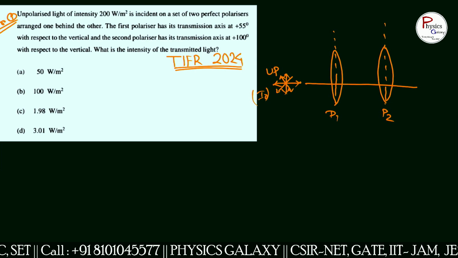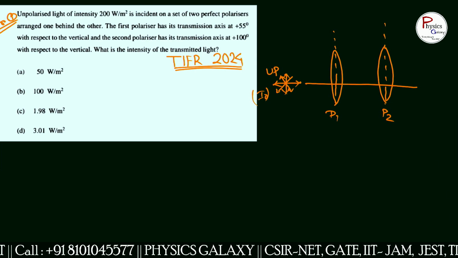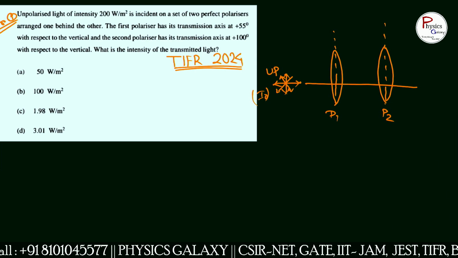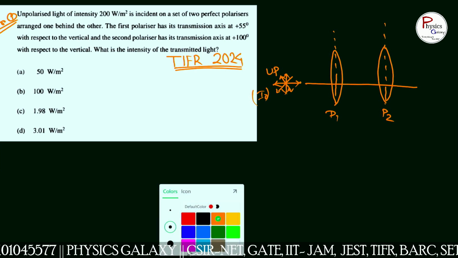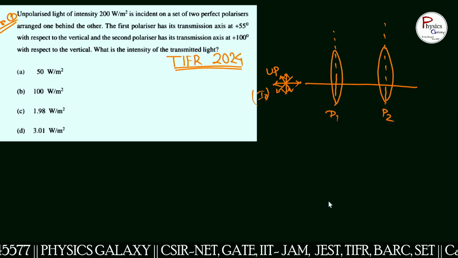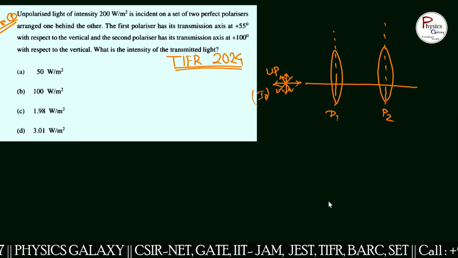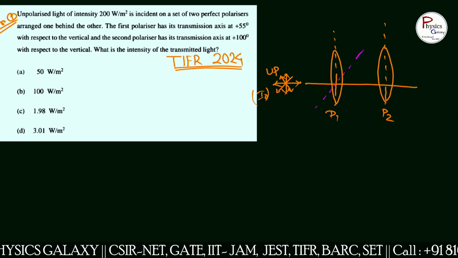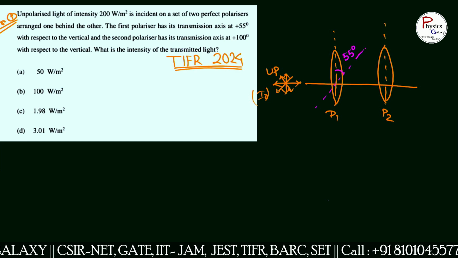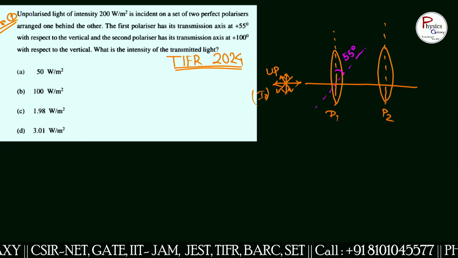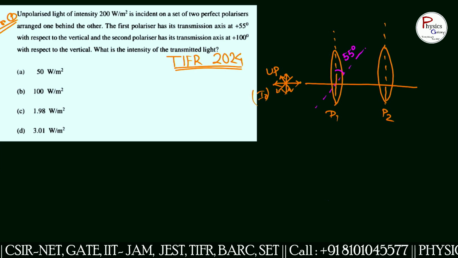and the angles of the polarizer axes were given. The first polarizer axis was given at 55 degree with the vertical. So its angle will be 55 degree. For the second polarizer, the transmission axis will be 100 degree with respect to the vertical.